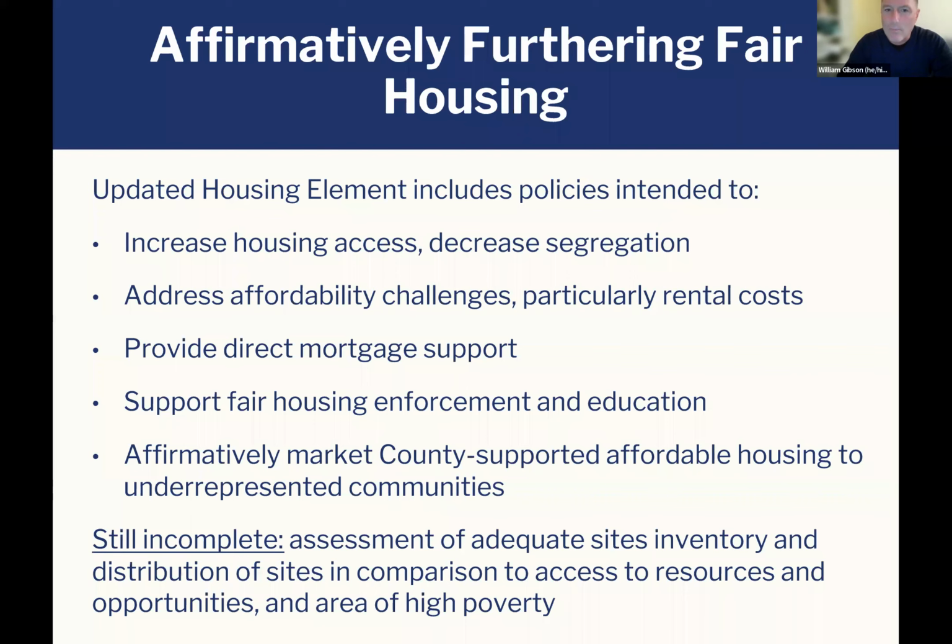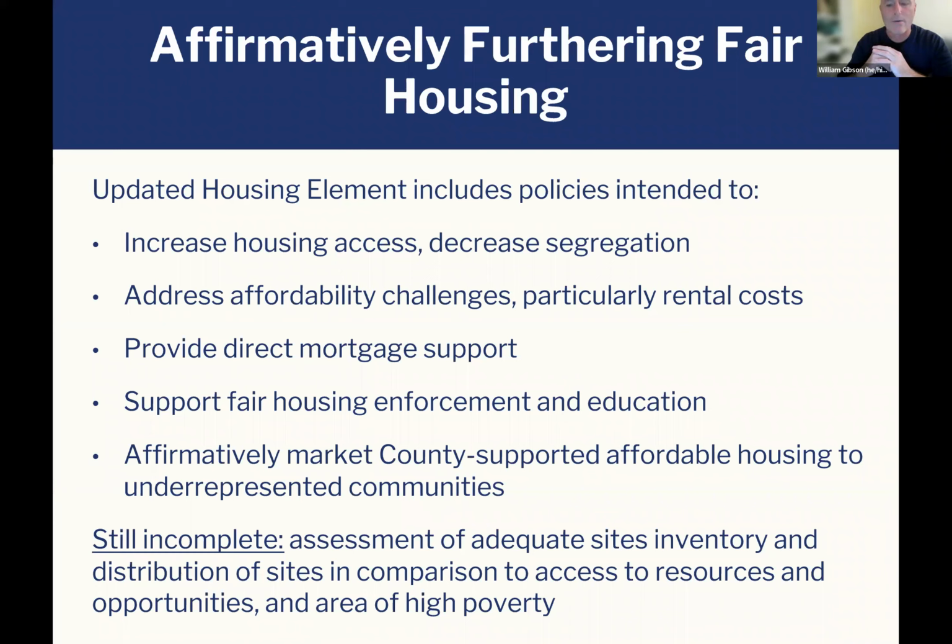And so, still incomplete, we are assessing the sites inventory, which is the identification of all the sites that are available for housing production over the next 8 years, against fair housing characteristics, in order to determine: does the sites inventory, the sites we've identified, and the types of development that can happen on those sites, increase segregation? Are they decreasing segregation?